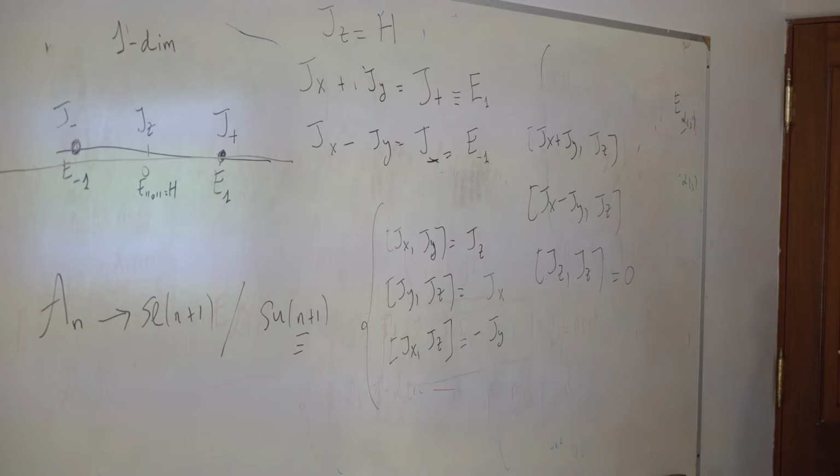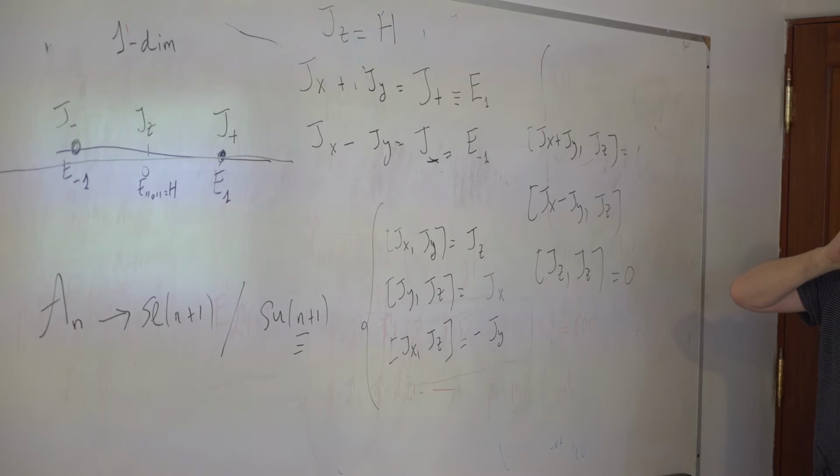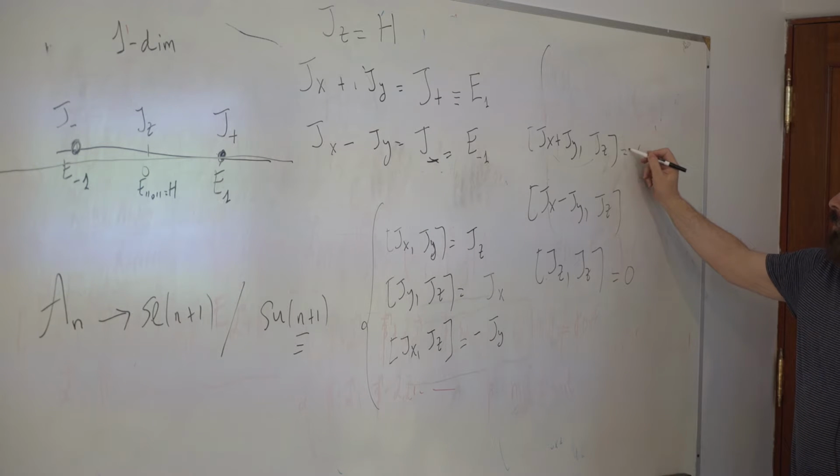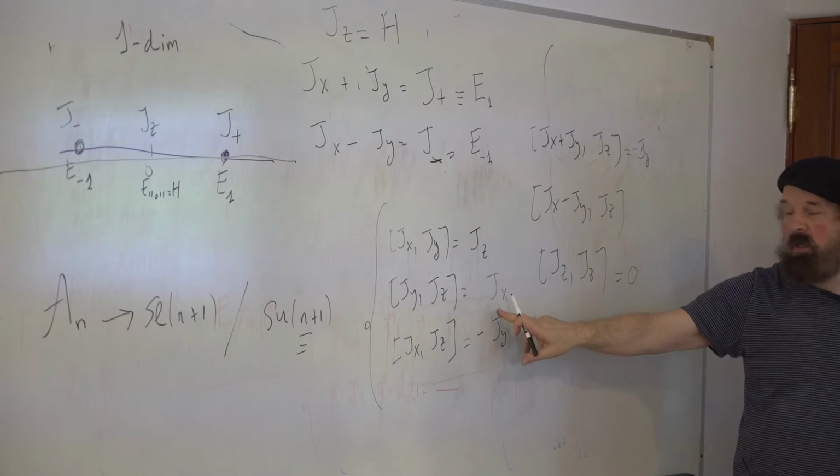Why did he not like this? You'll see why. So what will you get when you perform this commutator? You take Jx with Jz, it gives you minus Jy. And Jy with Jz gives you Jx.